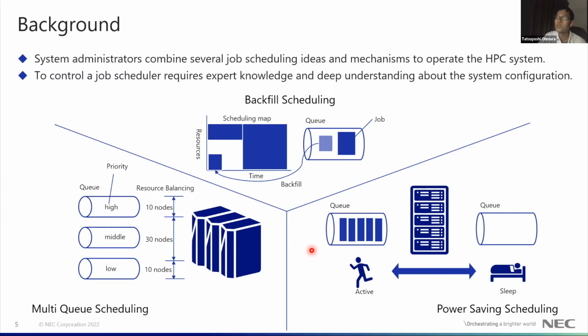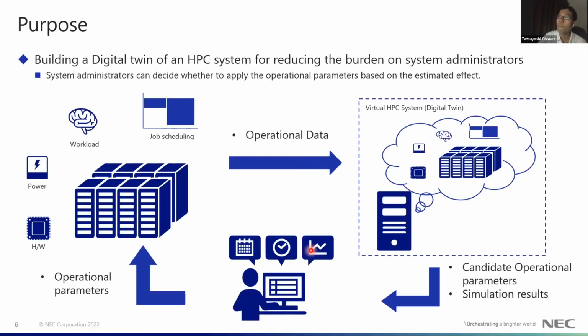So when they change the parameter configuration, they need to carefully consider if the new parameter configuration will improve the system operation for sure. So the final goal of this work is to build a digital twin of an HPC system to reduce the burden on the administrators.